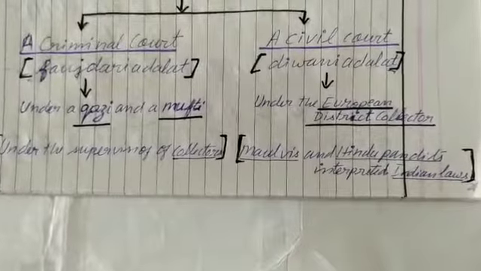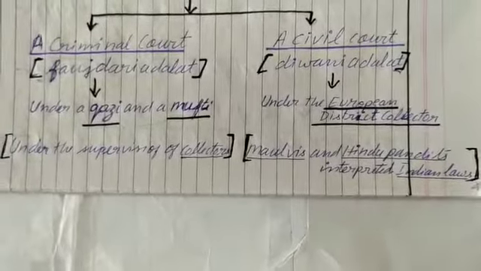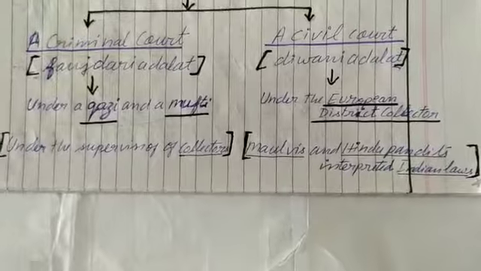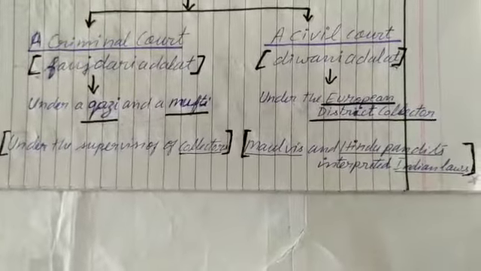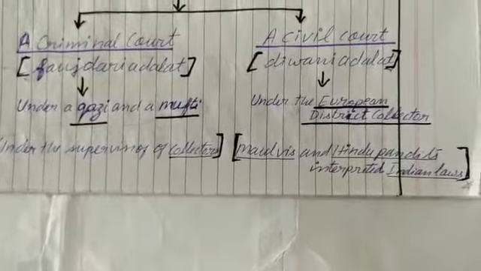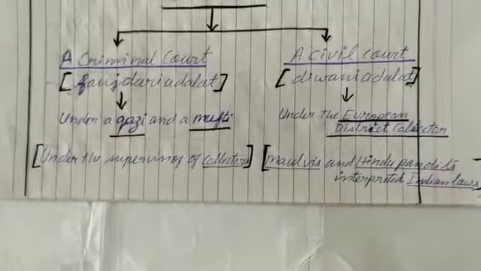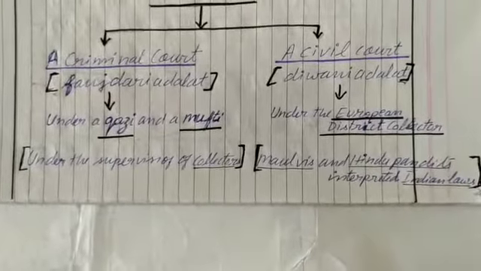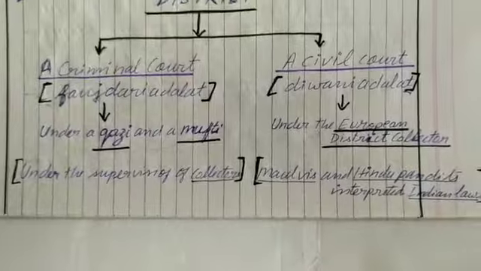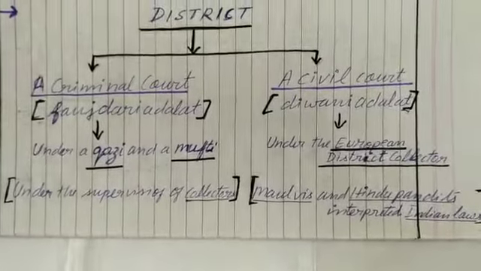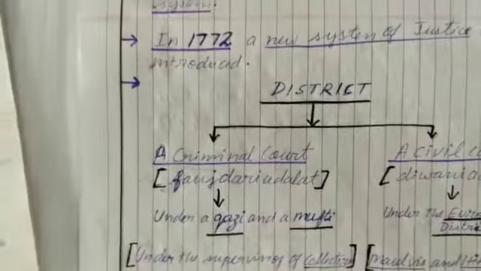So it was directly under the European district collector. Then Maulvis and Hindu Pandits interpreted Indian laws, because personal laws also come under civil or the Diwani Adalats. So these were interpreted by the Maulvis and the Hindu Pandits of that time.